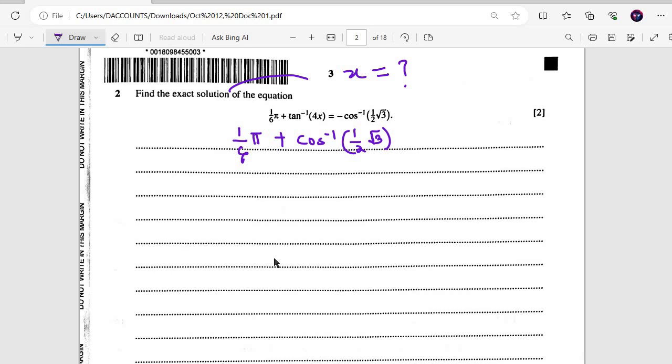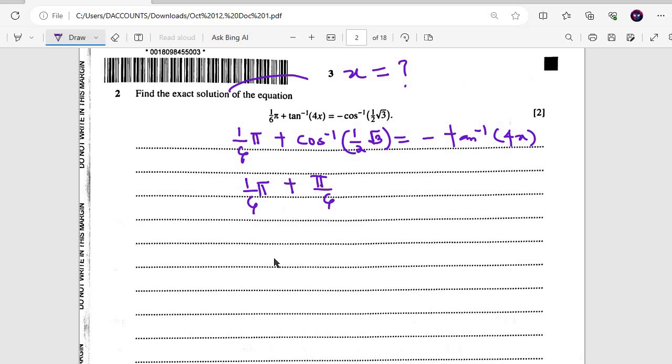Separate the arctan of x to the other side, let it stand alone, so arctan that is attached to x will become negative. From here, 1 over 6 pi arccos of root 3 over 2. If you check your calculator in radians, it gives pi over 6.